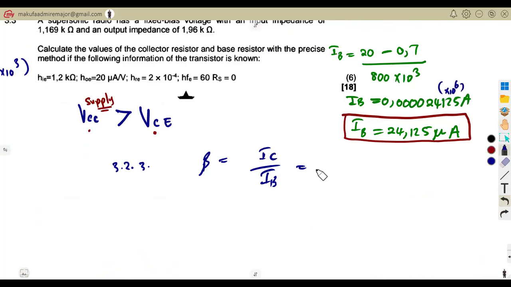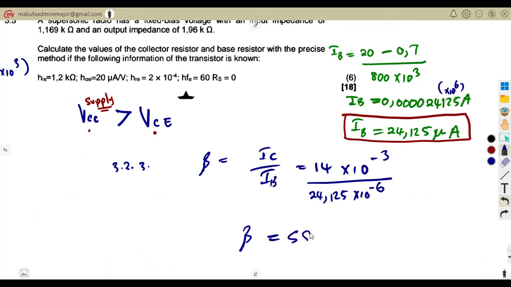So we're going to substitute 14 milliamps, 14 times 10 to the exponent of minus 3, over IB, which is 24.125 times 10 to the exponent of negative 6. That is going to give us the value of our beta gain, 580.311, something like that. So this is what you're going to obtain as your beta gain.